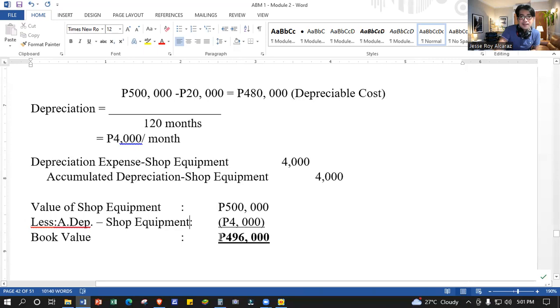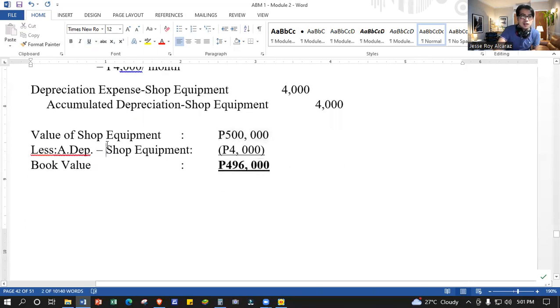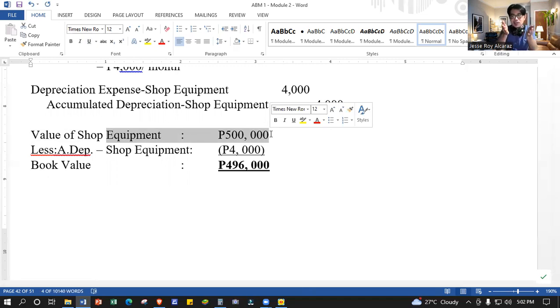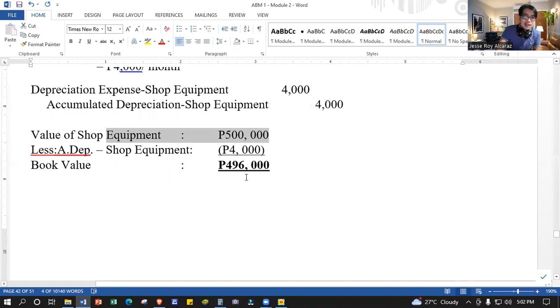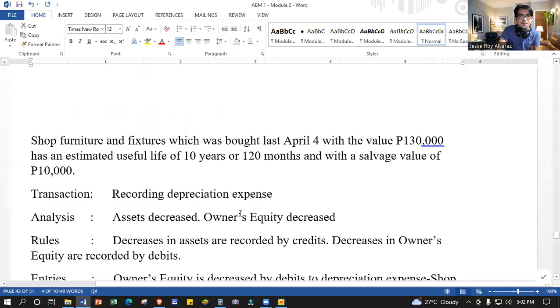Therefore, we arrive at the book value of 496,000. This is the cost. Under our records, the equipment will still be valid at 500,000. But below it, there is accumulated depreciation, 4,000, in parentheses, therefore it needs to be deducted, leading us to a book value of 496,000.